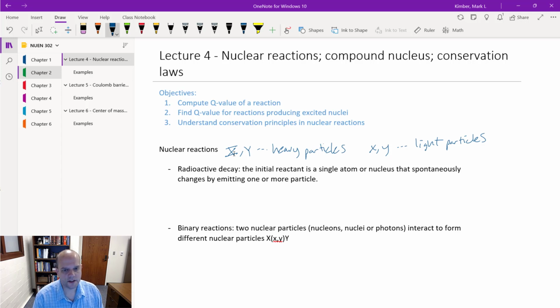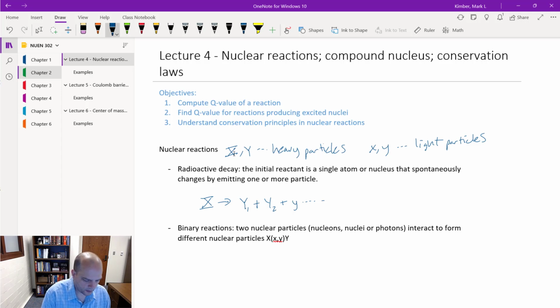So the different reactions that we would encounter include radioactive decay. We would have one heavy particle that gets converted into another heavy particle, maybe 2, and then some light particles. Depending on what that radioactive decay looks like, we could have 2 or 3 or more different variables on the right hand side of this expression.